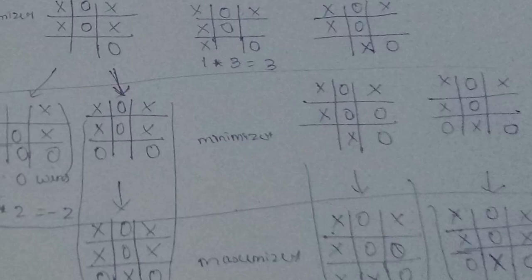Next is the minimizer, that is the computer wins. The output is -2. Then the next is 0, that means it's a tie. Then the last option is that X wins, and the last is a tie.